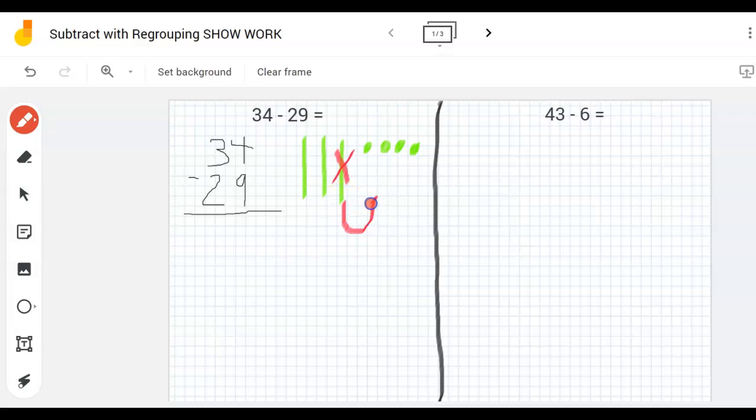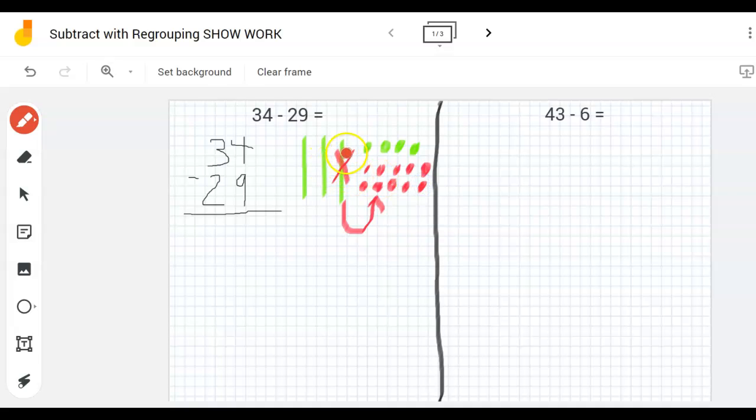We're going to break it up into 10 ones. 1, 2, 3, 4, 5, 6, 7, 8, 9, 10.